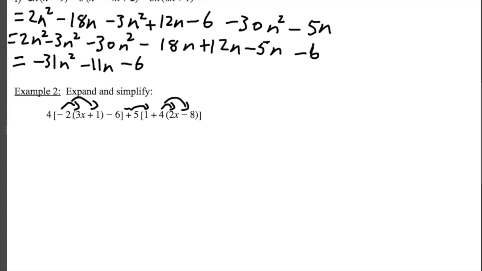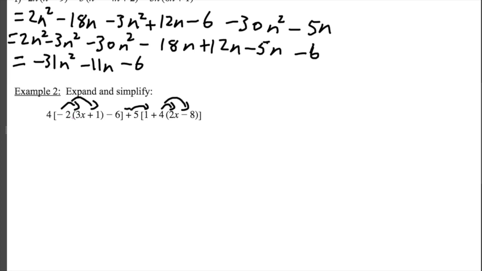So first things first, minus 2 multiplied to 3x gives you the minus 6x minus 2. And we have minus 6 at the end. Close this off for now. We have plus, so I'm just going to hold off on multiplying that for now. We'll deal with the other one first. So this will give us the 8x minus 32.